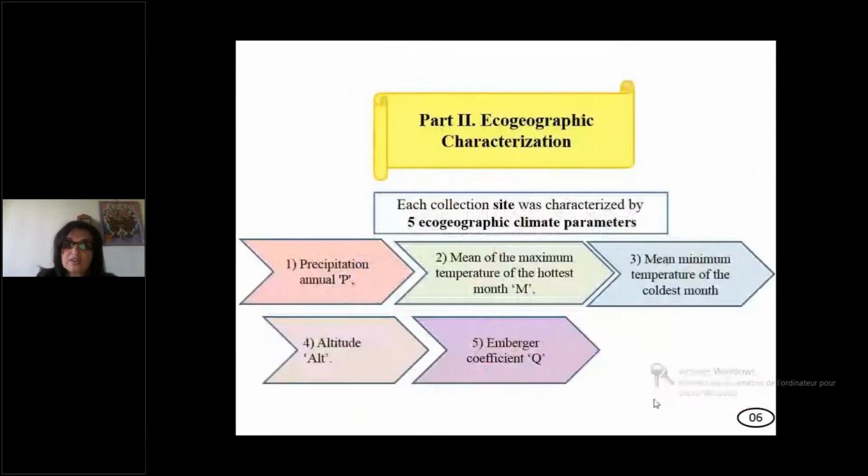For the second part, the ecogeographic characterization, each collection site was characterized by 5 ecogeographic climate parameters: annual precipitation, mean of maximum temperature of the hottest month, minimum temperature of the coldest month, altitude, and Emberger coefficient.